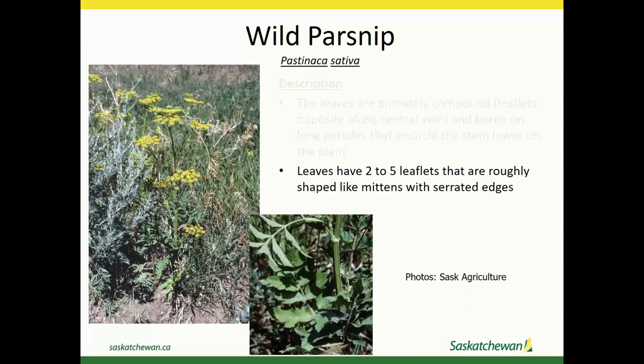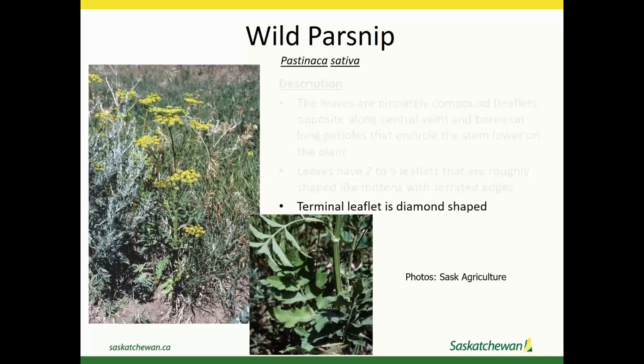Leaves have 2 to 5 leaflets that are roughly shaped like mittens, so it has one serration on one side of the leaflet. And the other thing to keep in mind, it has a diamond-shaped terminal leaflet.